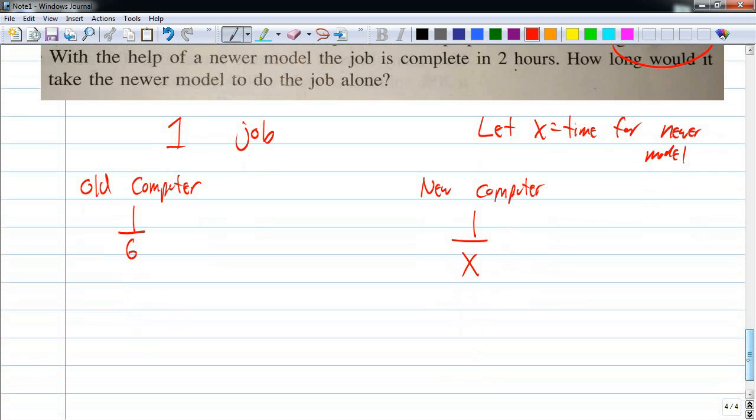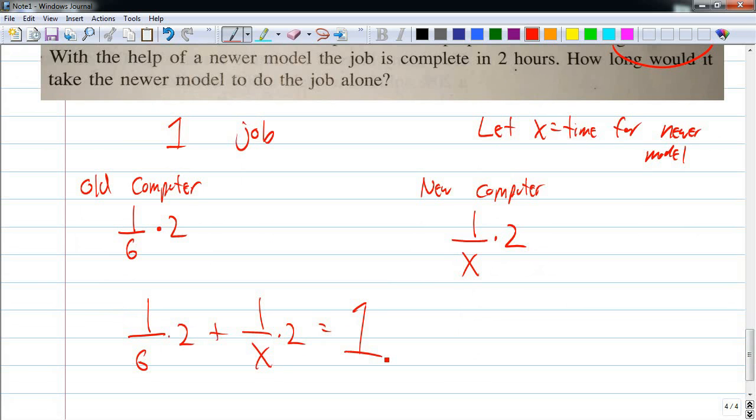Now, these two computers are working together for 2 hours. And if I put them together, I get one job. There's my setup. In each case, I have a rate times a time.